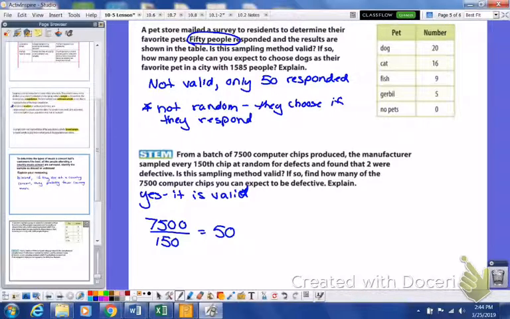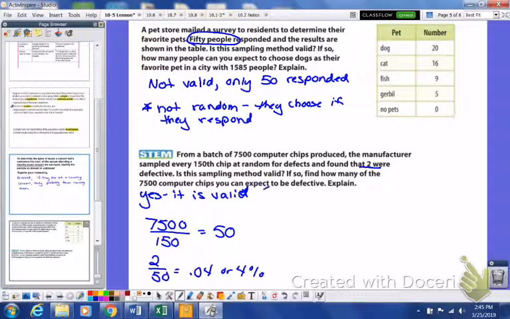And we see that 2 of them were defective. So that tells me 2 out of every 50, which if we divide that, we get 0.04, which is 4%. So we can predict that 4% of our computer chips are defective.